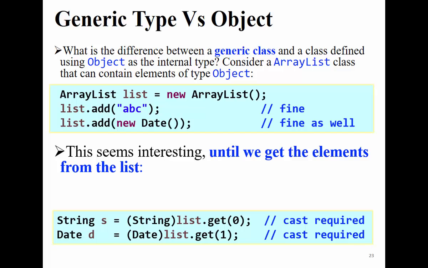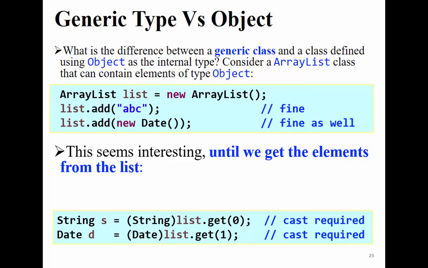So I do the casting here, the appropriate casting. Because when I define the ArrayList, it stores everything as an object, I have to do the appropriate casting when I retrieve the object from the list. So I retrieve the first object. I know from my sheet here that the first object is a string, so casting to the string.